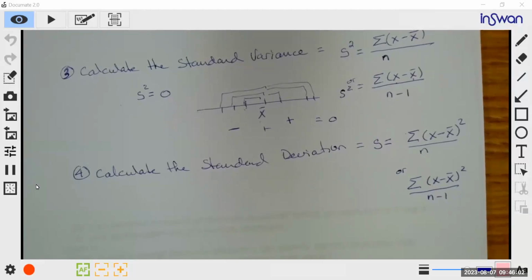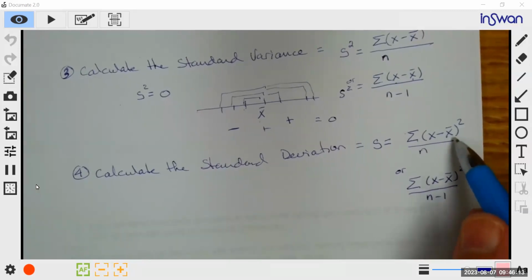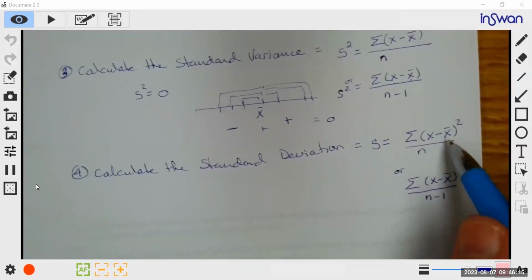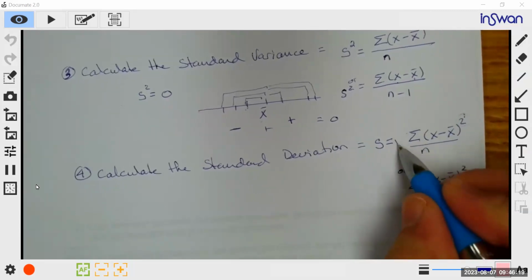Because what we've done now is we've gotten rid of all the negative numbers. We made them all positive. So they won't be 0 anymore. But because I squared these, they're going to be super large. So I have to shrink it back by taking the square root of it.